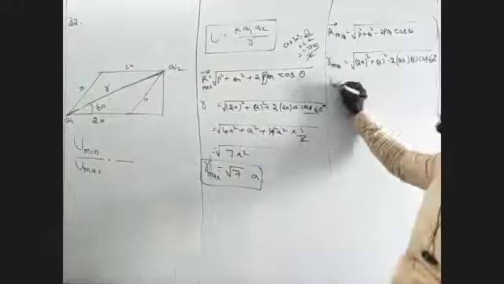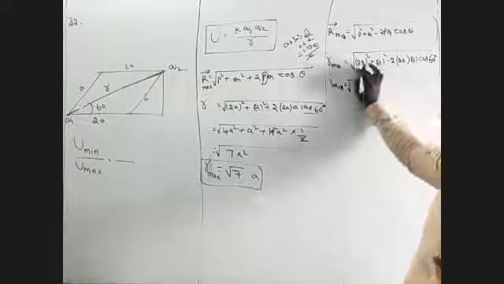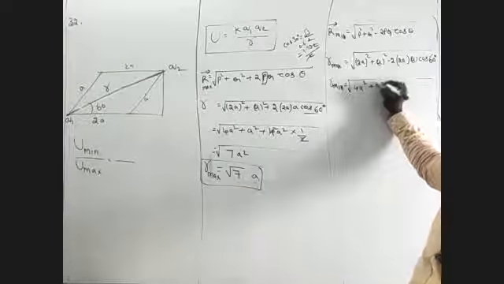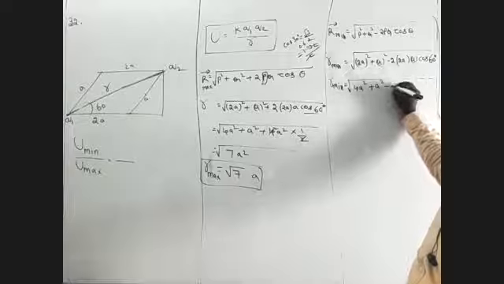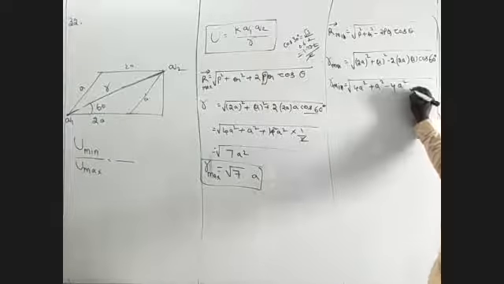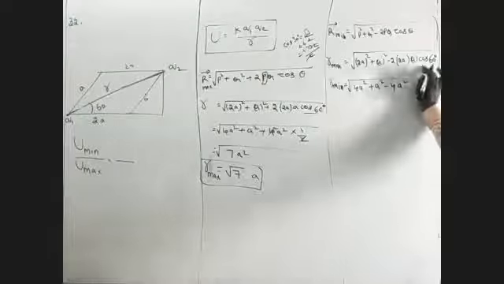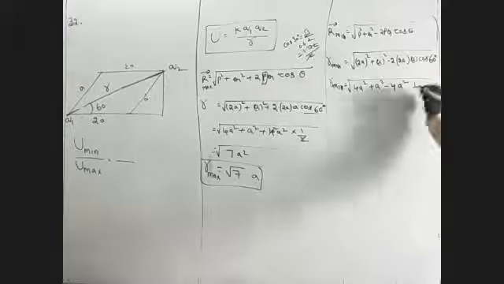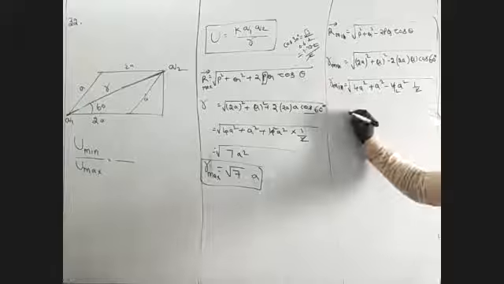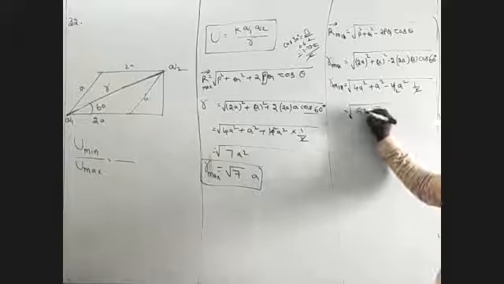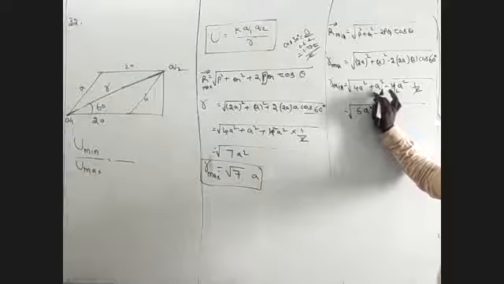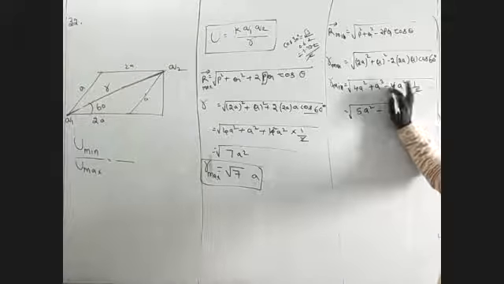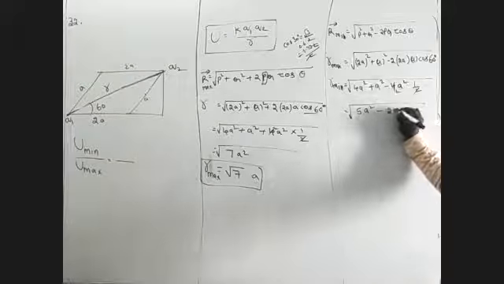So R minimum is equal to the root of 2a square, that is 4a square, plus a square, minus 2 into 2, 4a into a square, cos 60. Cos 60 is 1 by 2, so the 2s cancel.